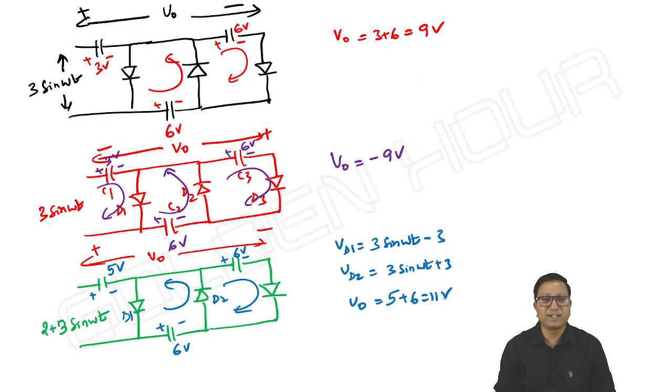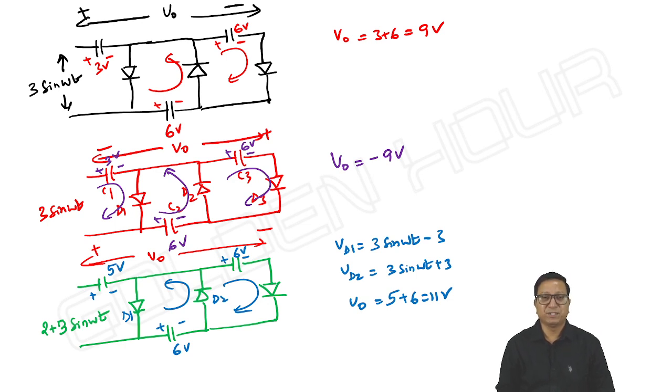This is one kind of trap. They have not yet asked, but you can just expect this kind of questions. Or they may give minus 2 plus 3 sin omega t. In that case, it will charge up to only 1 volt, and overall output is equal to 7 volts instead of 9 volts.